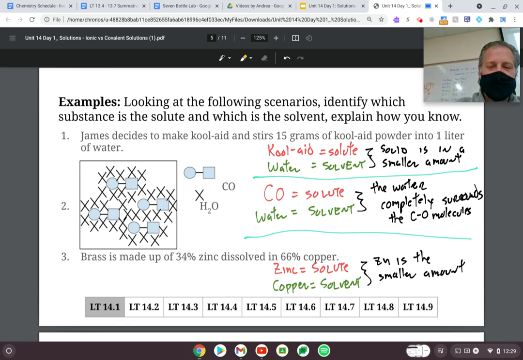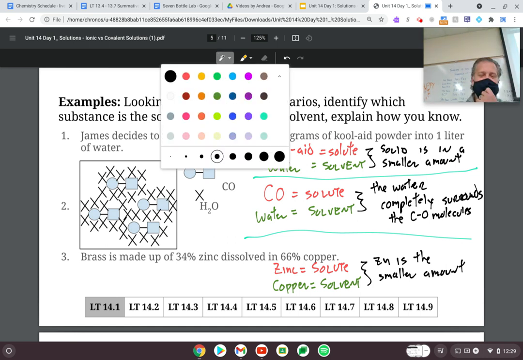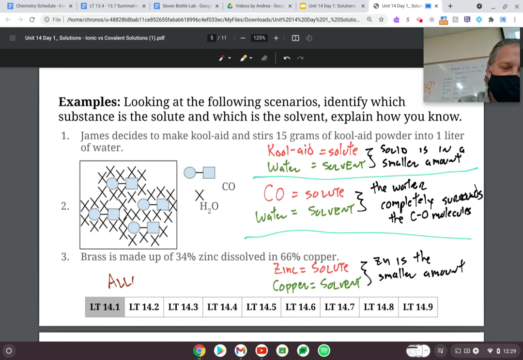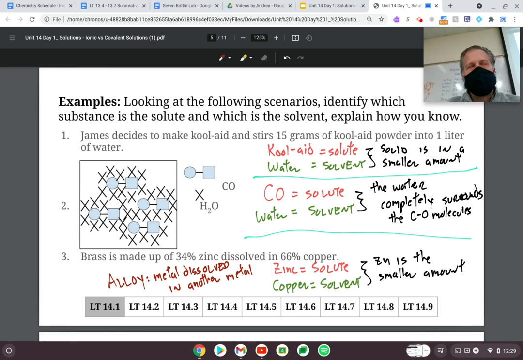So that's the solute. Now, when we have a metal being dissolved in a metal, that's a very, very special type of solution, and we call that an alloy. So it's a metal dissolved in another metal.